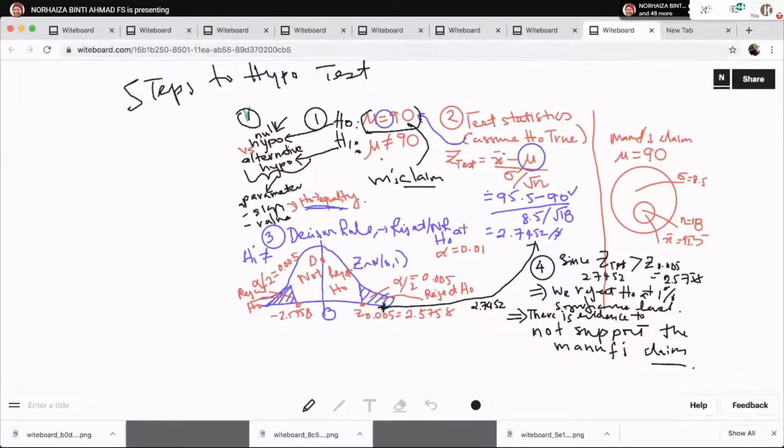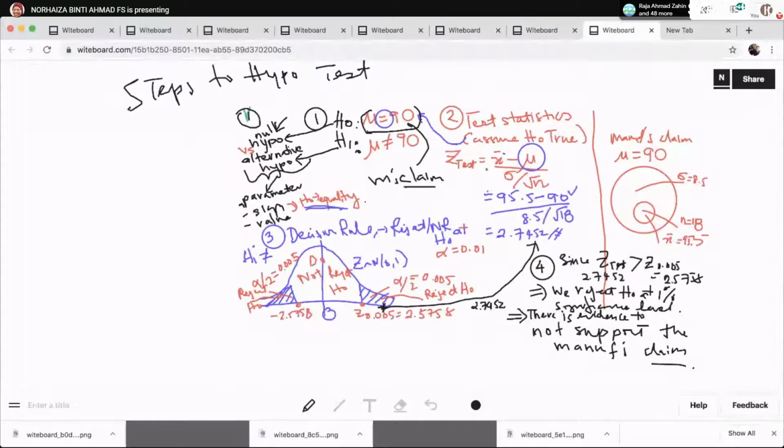And the elements in your hypothesis have to have a parameter, some sign and some value. The second step is you will use your information from your observations as evidence or input on whether you're going to support the hypothesis or not.